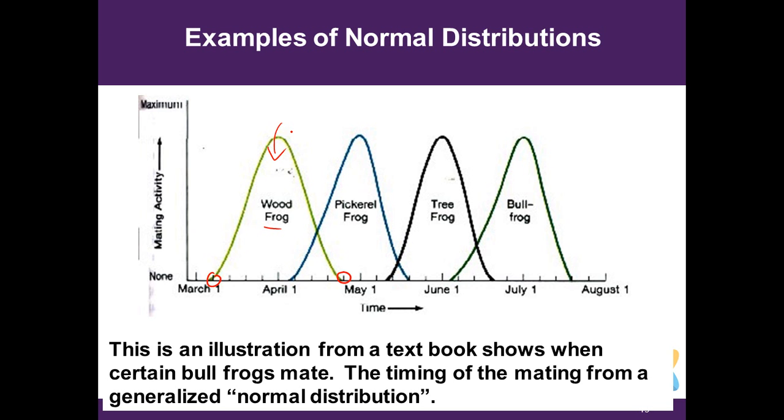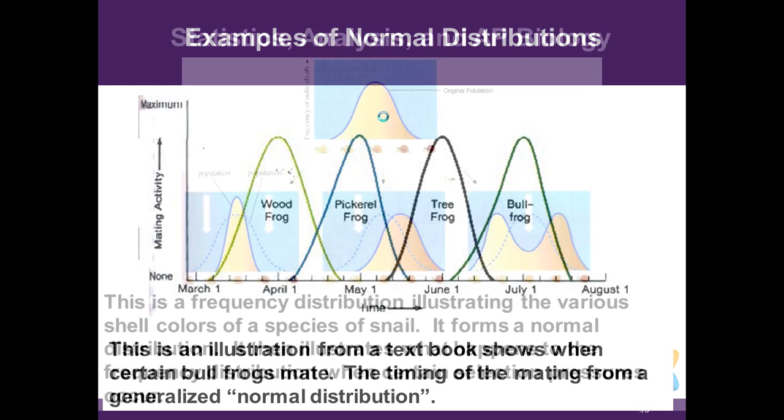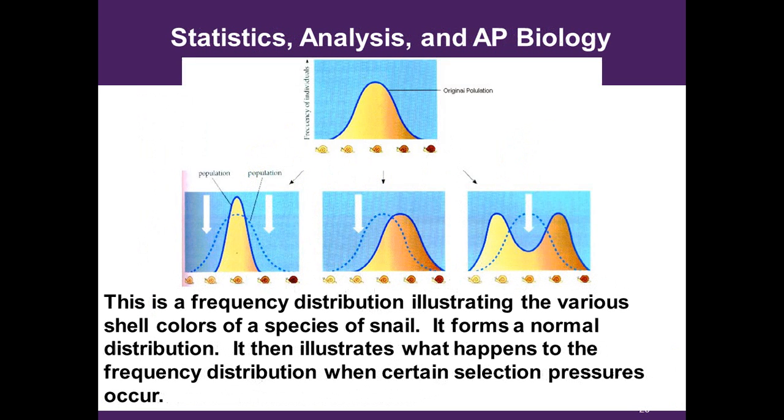On the other hand, the pickerel frog, there are some that mate in late May. There are some that mate in early May and early April, but the majority of them mate around May 1st. And so what you're looking at is a normal distribution for the mating times for these four different types of frogs.